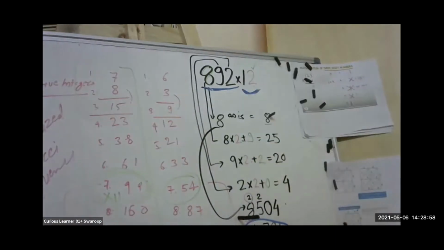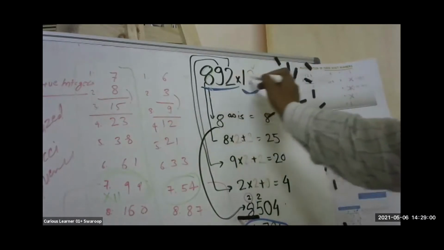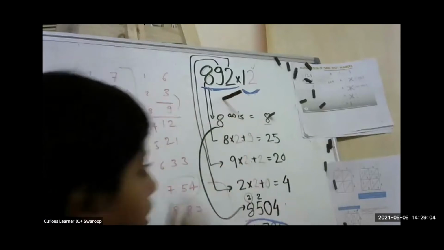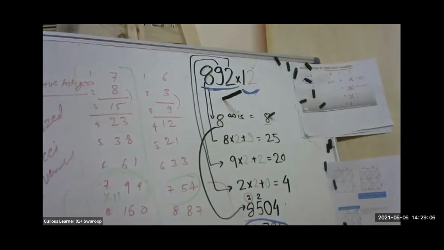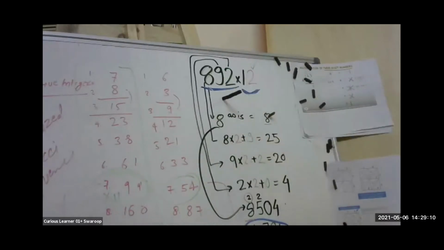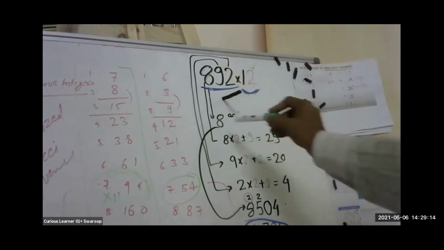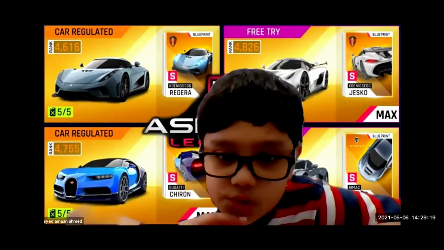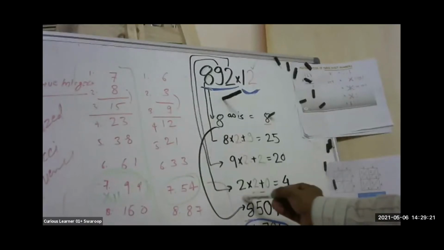Right now 2 is the number because we are multiplying with 12. 8 multiply 2, how much? 16, and add the next number, 9. 16 plus 9 is 25. So we write 5 here and 2 goes here.